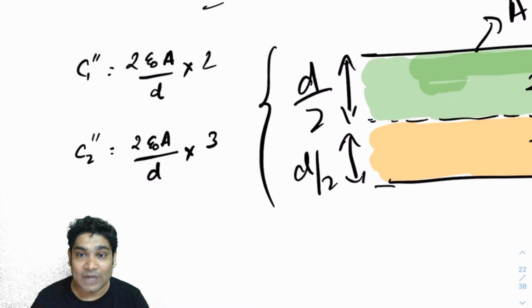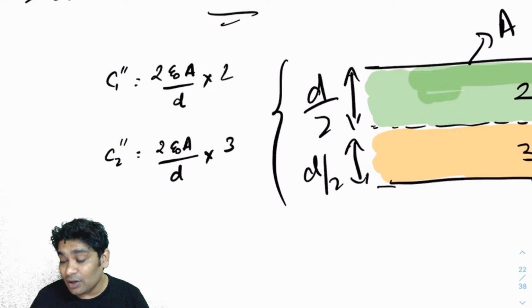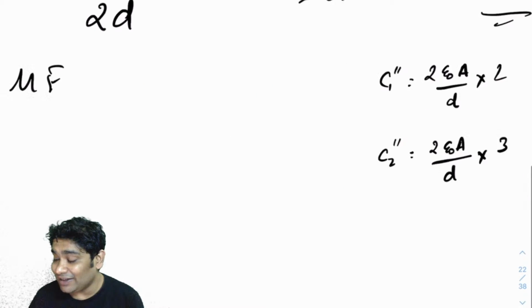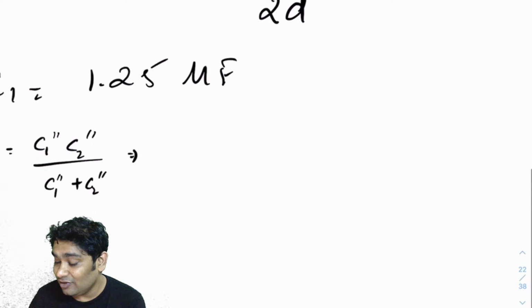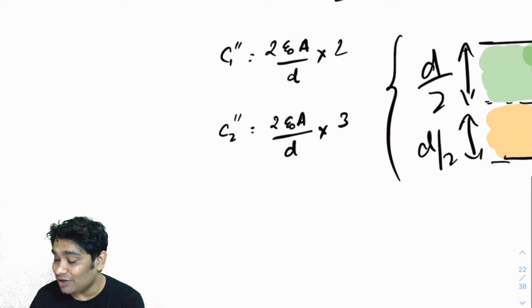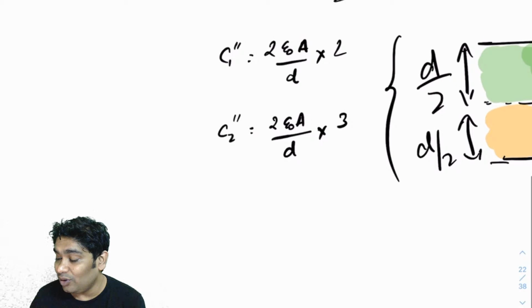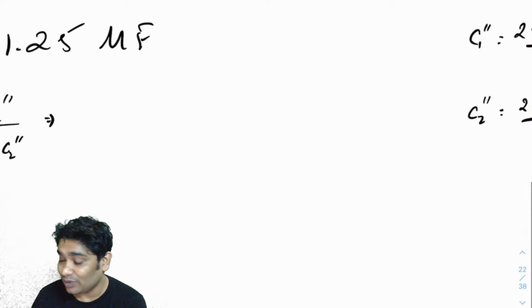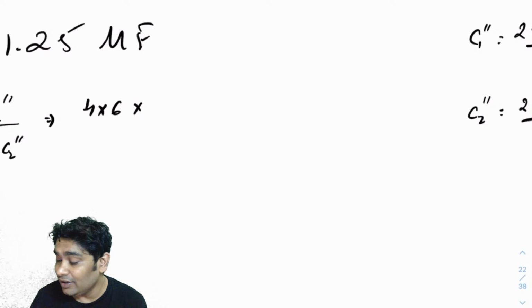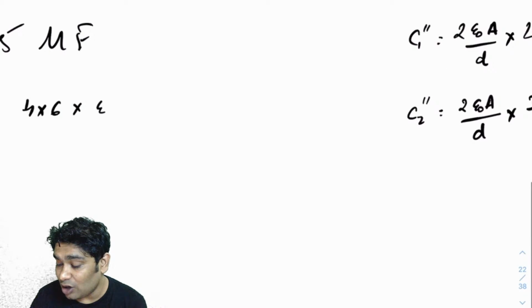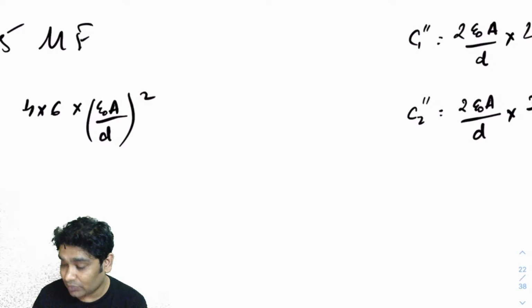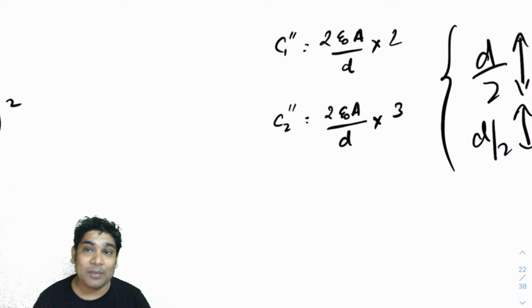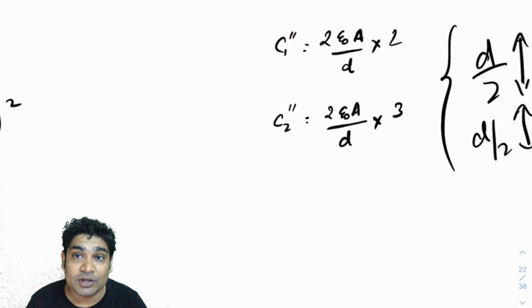Now this is easy. When you're multiplying this, what do you have your C2 as? Your C2 would be 4 into 6 into epsilon naught A by d whole squared. Alright, so that is what I'm getting when I multiply this.